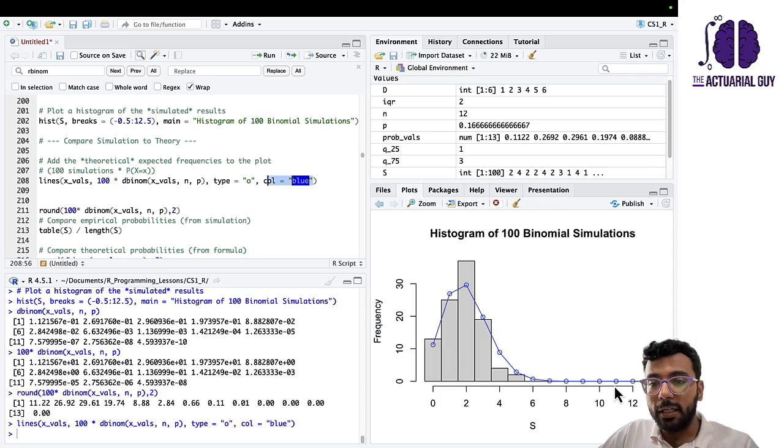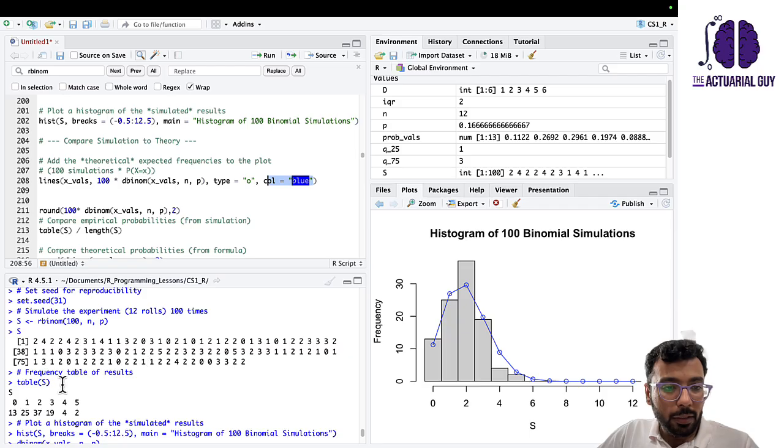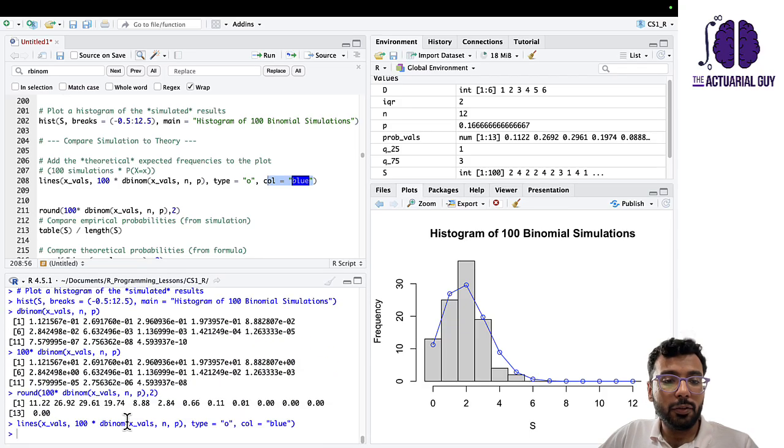You see the theoretical expected frequencies are these, but the empirical frequencies that you got are represented by these bars. It's much higher in the case of 2-success trials. We were expecting about 29, but the value you have gotten is 37. So it's much higher than what we were expecting. You can plot the theoretical frequencies against the empirical frequencies.